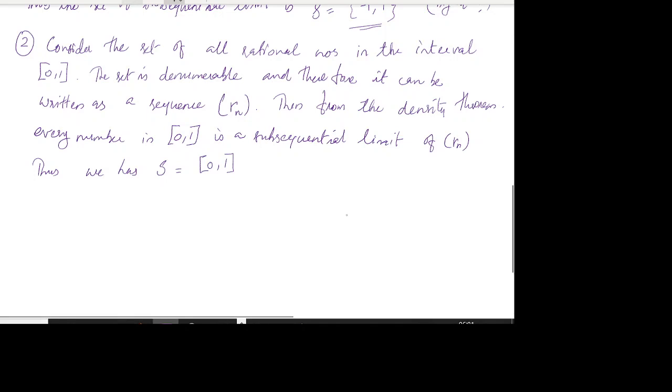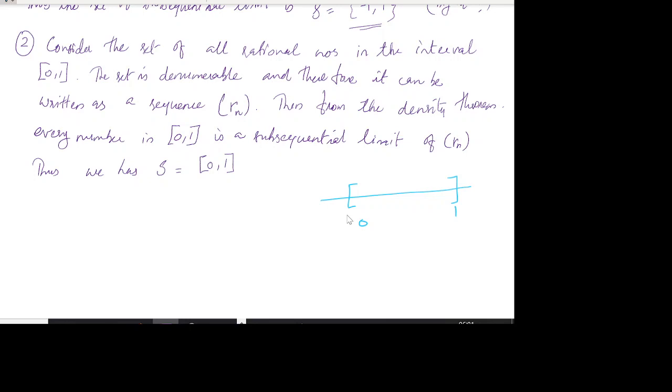See here what is happening: you have the set of real numbers. From that you take the closed interval [0, 1]. Now this set is denumerable, it's countable, so you can enumerate the numbers.